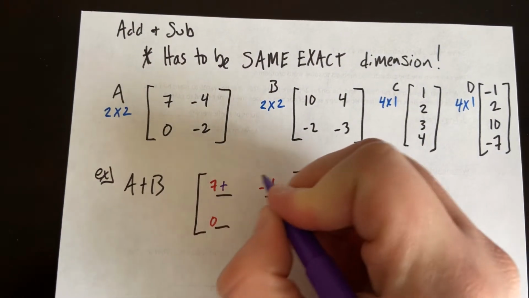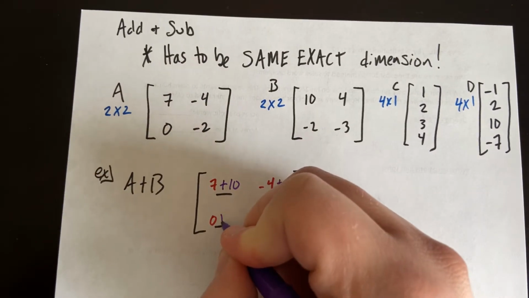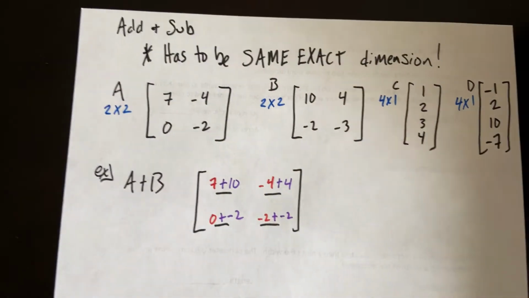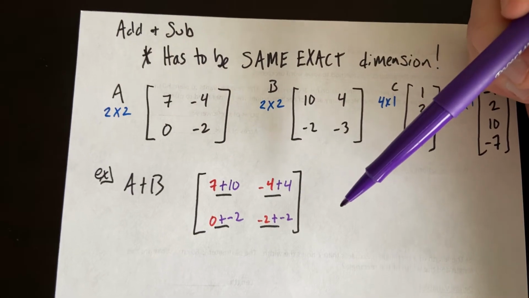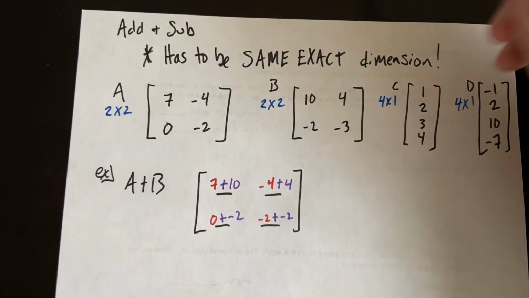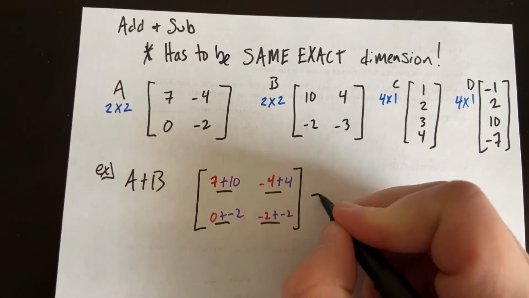So this spot is +10. This spot we're going to add 4. This spot we're going to add the -2. And this spot we're going to add the -3. Okay, so the red numbers, I've got matrix A. The purple numbers are represented by matrix B. So what we're going to do is literally add those numbers together, and that's going to be my new matrix.